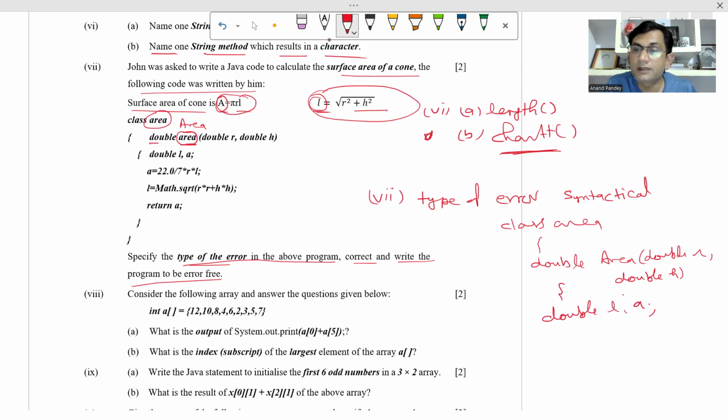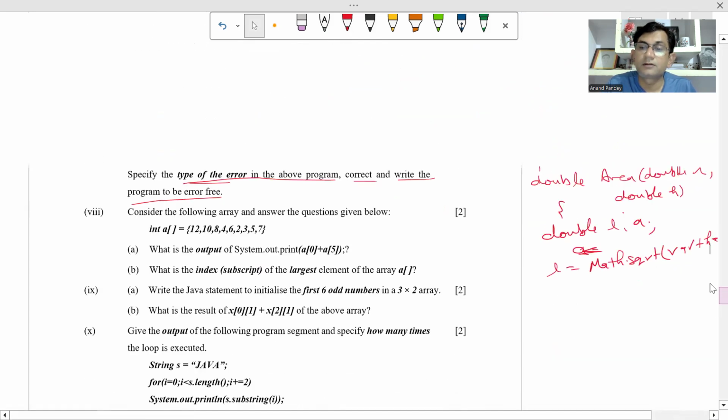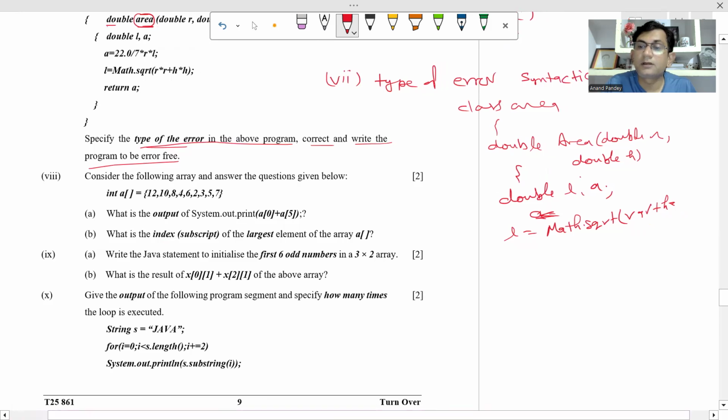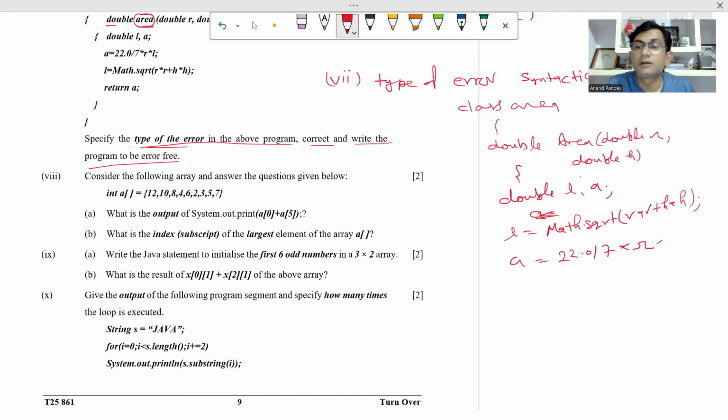Simply after writing this, the types of variable, syntactical, after that we are correcting and rewriting. First we write the formula of L: L equal to Math.sqrt, then here r into r plus h into h, sorry, r into r and then h into h. Okay, then formula of area: a equal to pi r l, 22.0/7 into r into l.